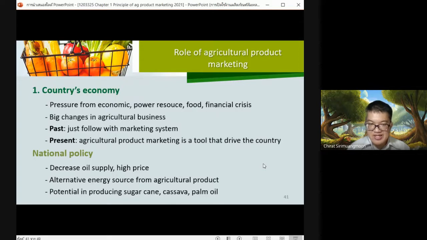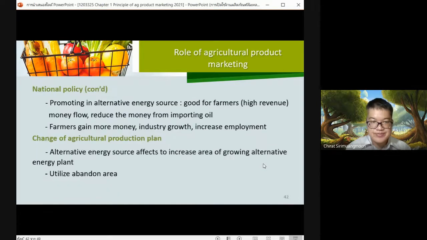In this case, we're going to produce biodiesel. It's a good chance for Thailand because we have the potential to produce sugarcane, cassava, and palm oil, and use them for having a good product, and then we can export to other countries.